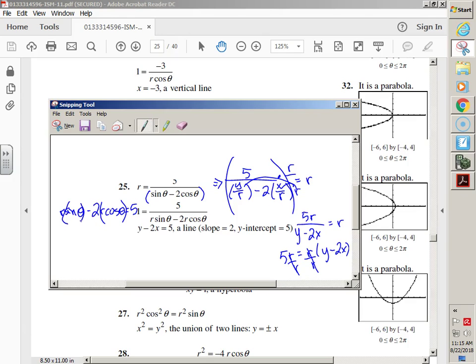And then on yours, number 25, you were trying to plug into the x equals r cosine theta. So instead of putting x's and y's into the r formula, you were making parametric equations, x of theta, y of theta.